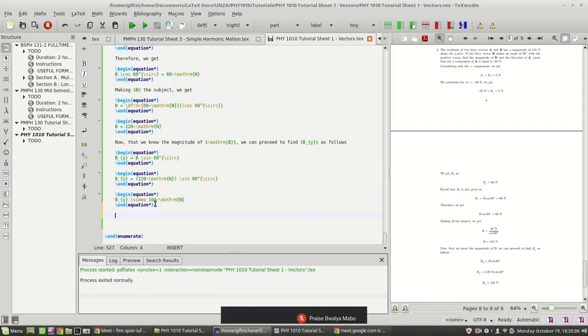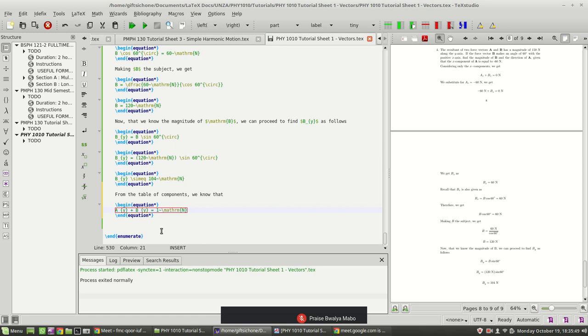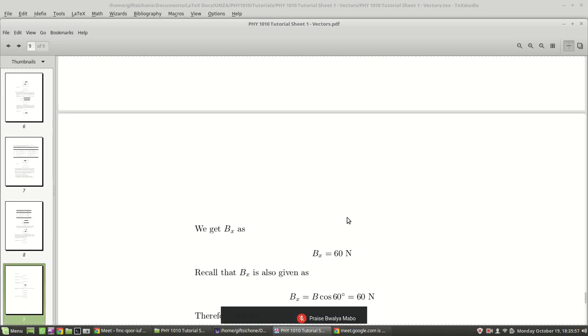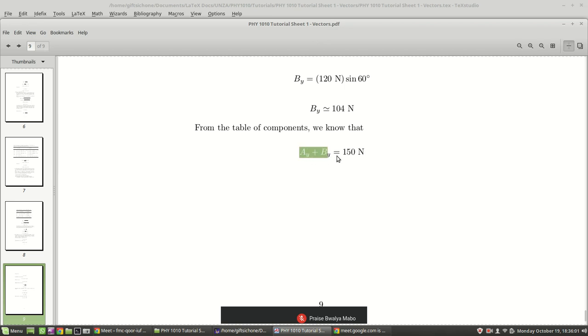So from the table of components, we know that Ay plus By is equal to 150 newtons. That's what we know from the table.